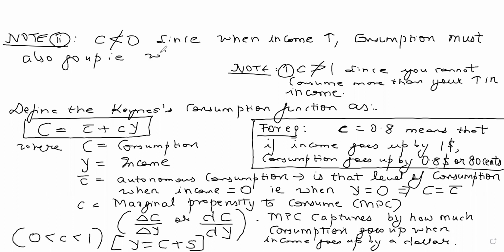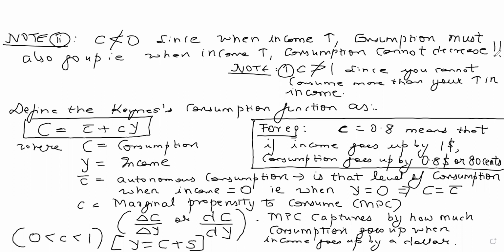That is, when income increases, consumption cannot decrease. Less than 0 means consumption is decreasing. That's not possible.